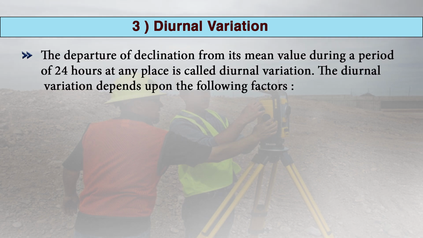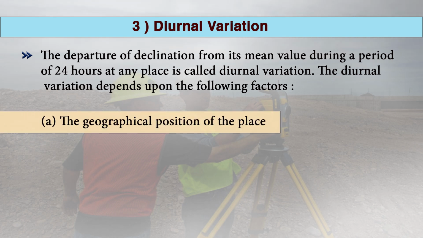The departure of declination from its mean value during a period of 24 hours at any place is called diurnal variation. The diurnal variation depends upon the following factors. First one, the geographical position of the place. It is greatest for the places in higher latitude and lesser near the equator.